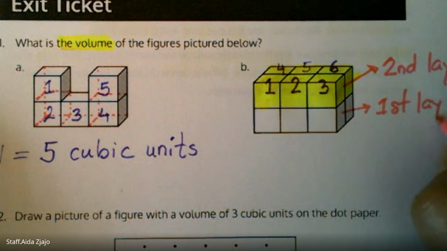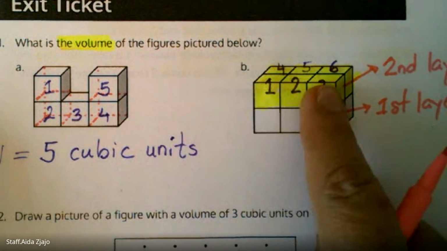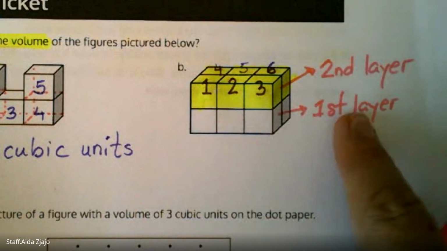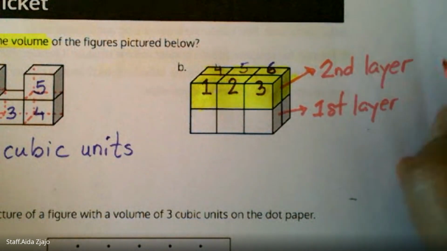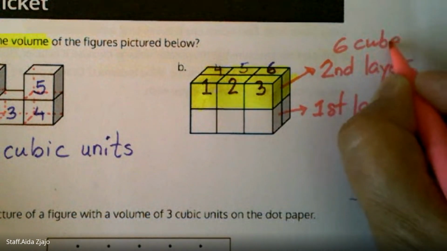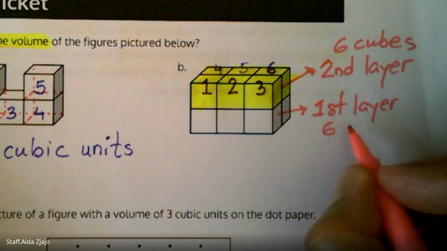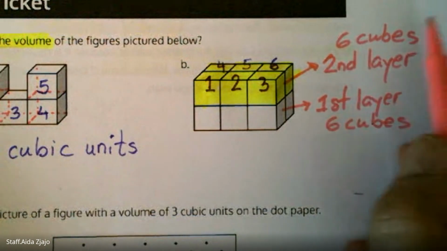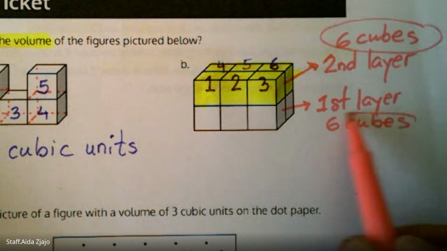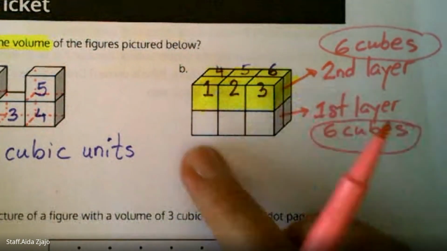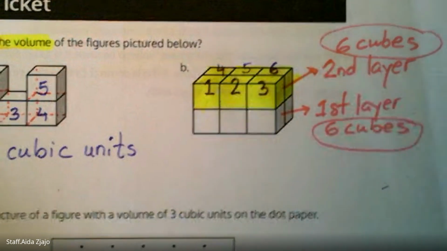Because the top layer has 6 cubes, the bottom layer also has 6 cubes. So together they have 12 cubes, layer 1 and layer 2.